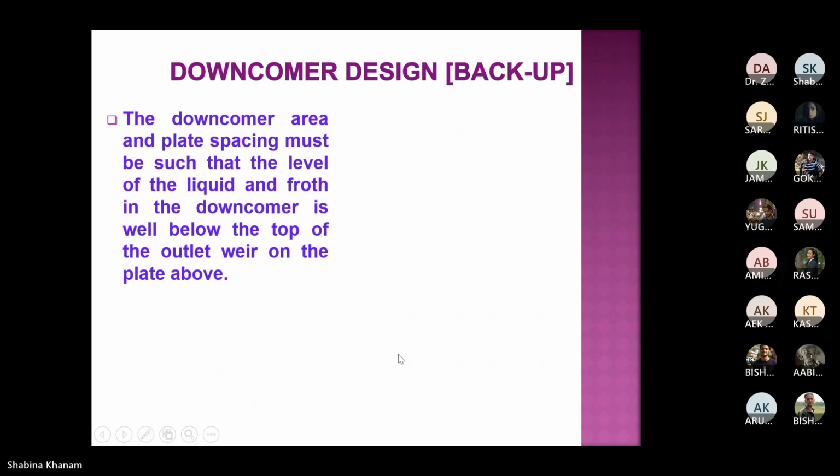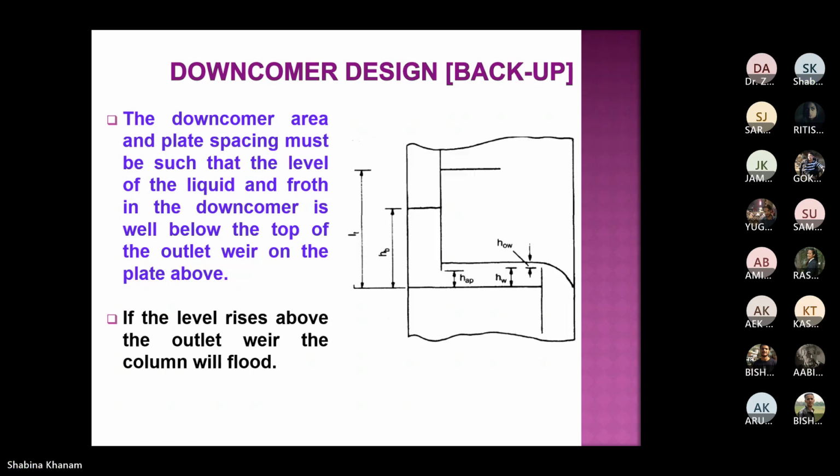What is the point over here? Let me discuss it. If the level rises above the outlet weir, the column will flood. So what is the condition? Consider this LT, which is nothing but the plate spacing. Whatever liquid is available is coming from the top plate, and the vapor and liquid separation occurs in this plate.